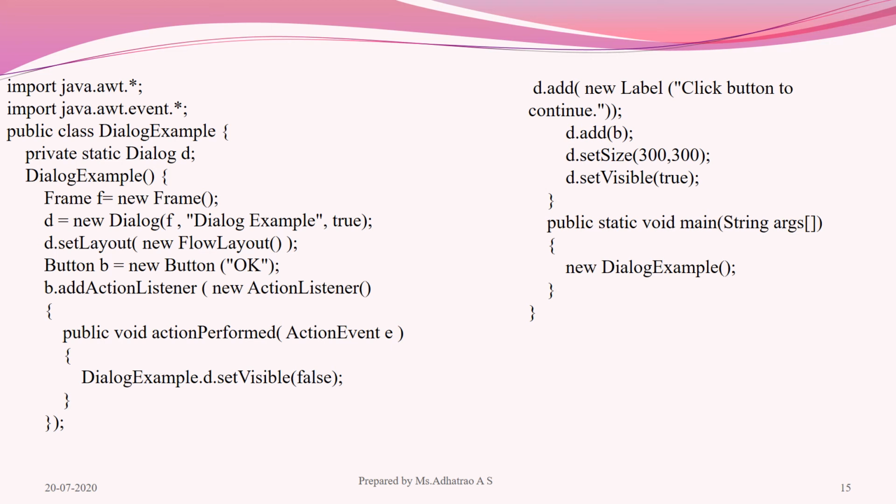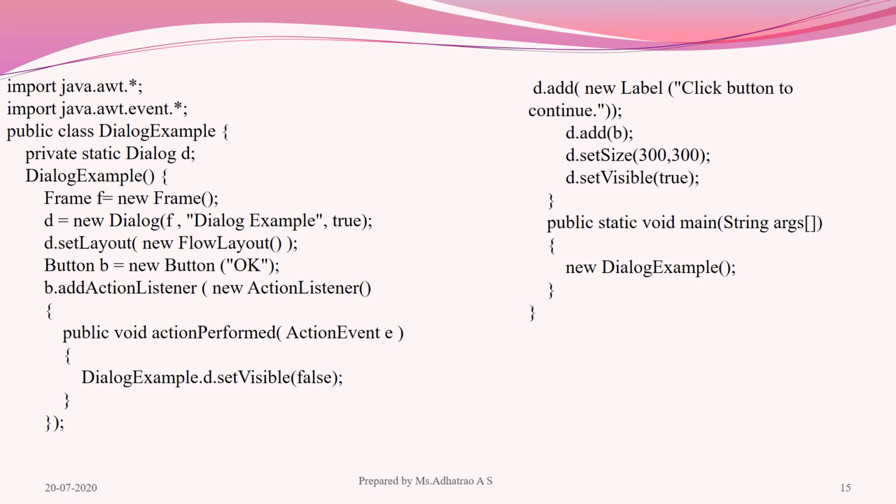My method is closed. After writing the code for the action, I am going to add it on the window. D.add new Label, click button to continue. D.add B. D.setSize 300, 300.